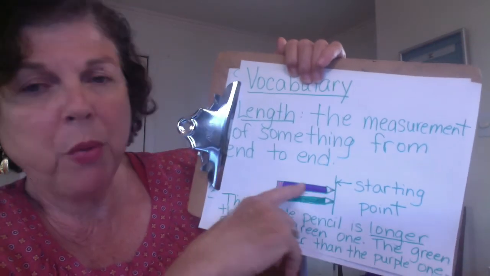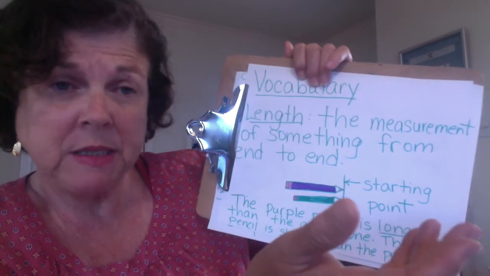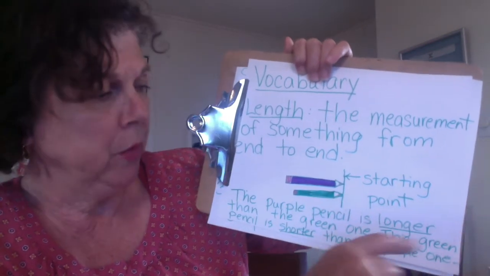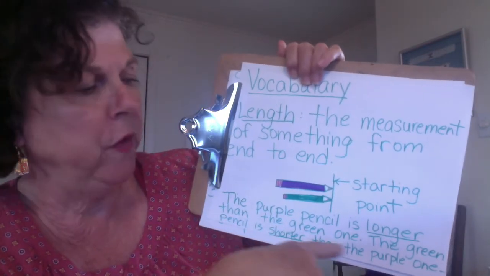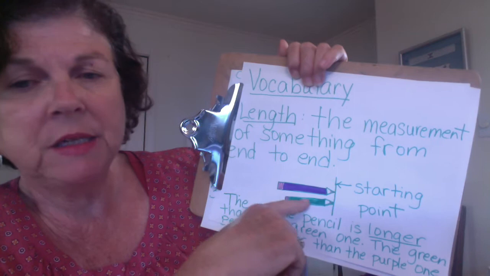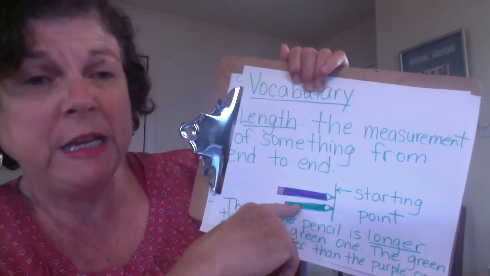So you would say the purple one is longer than the green one. Or you could say it the opposite. The opposite of longer is shorter. So you could say the green pencil is shorter than the purple one. It doesn't quite go as far as the purple one, so the green one is shorter.